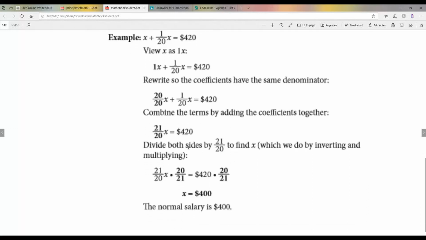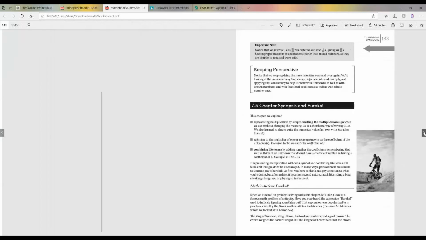Now divide both sides by the reciprocal of this, which is actually multiplying the reciprocal. Okay, so we're going to take this, multiply by the reciprocal, both sides, and we end up with x, because all these cancel out, we're left with x equals $400. When you put this over 1 and you do all the calculations, then his normal salary is $400.